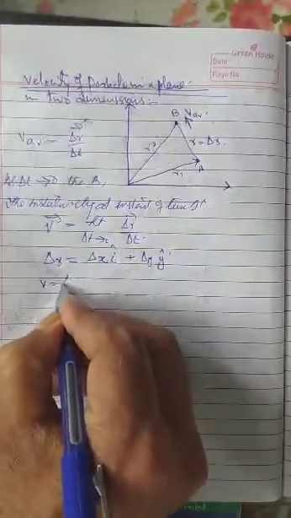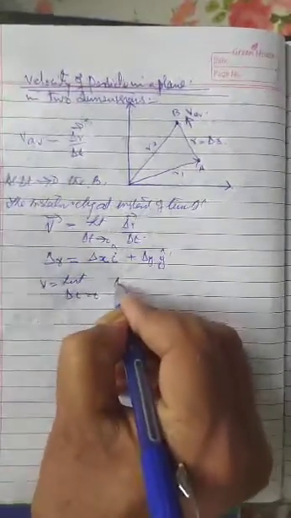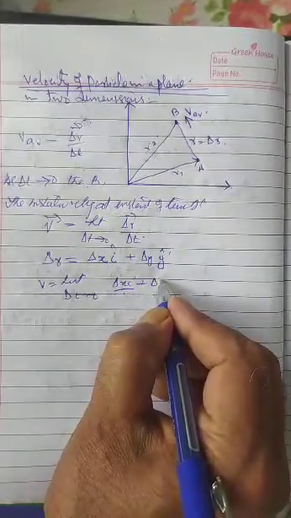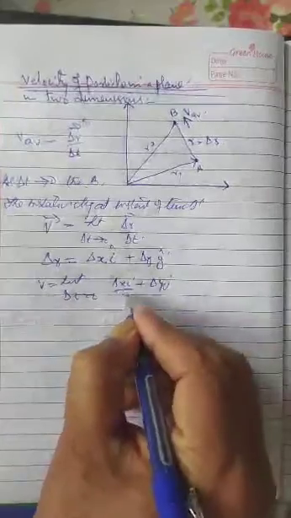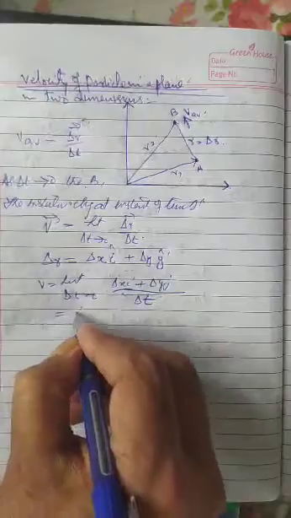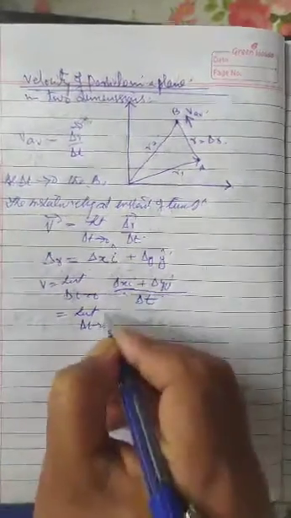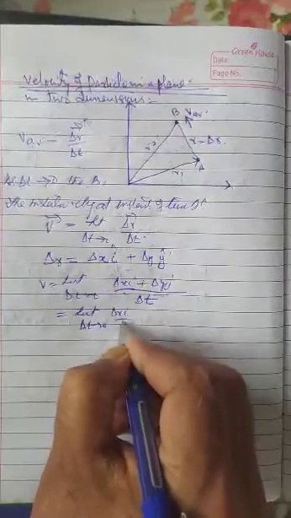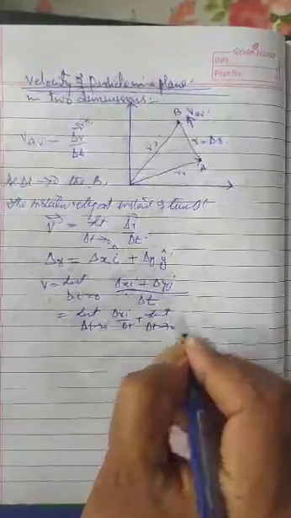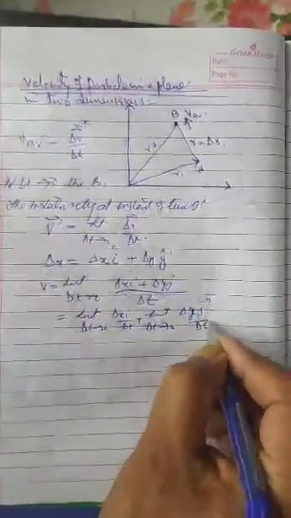Therefore, V will be equal to limit of del t tends to 0, del x i by del t plus del y j by del t, which is equal to limit del t tends to 0, del x i by del t plus limit del t tends to 0, del y j by del t.